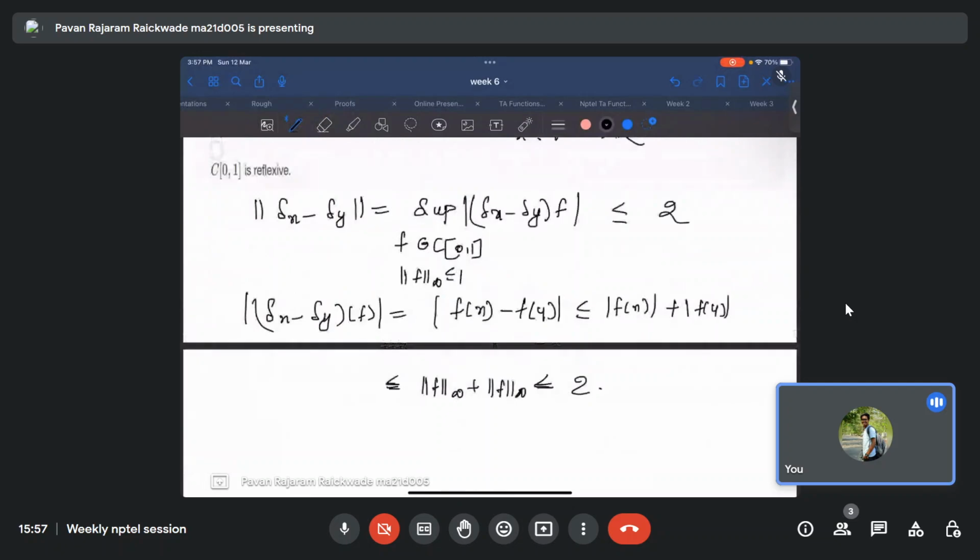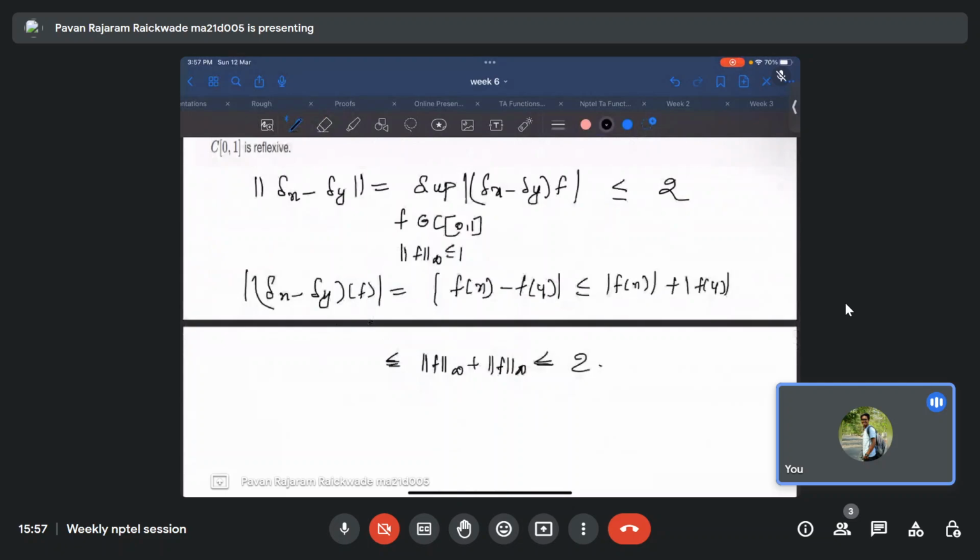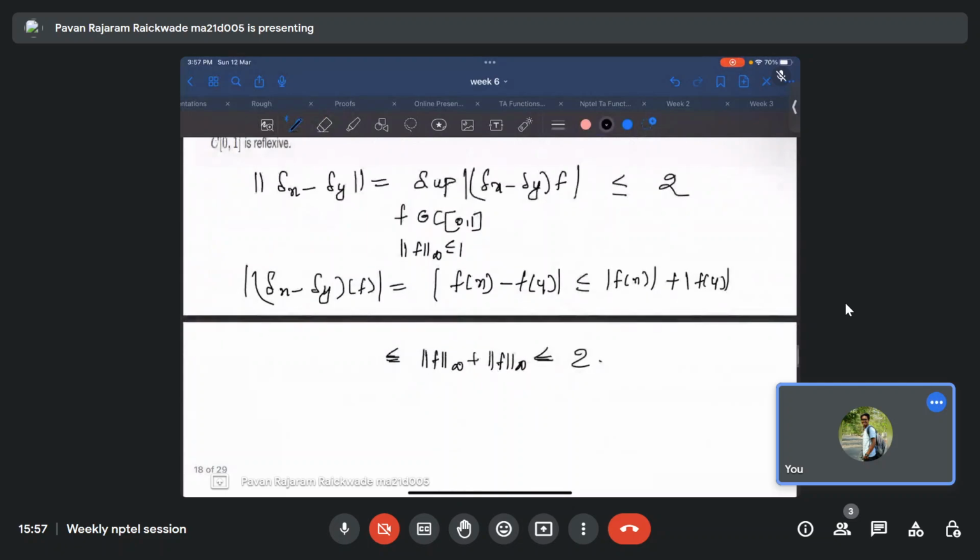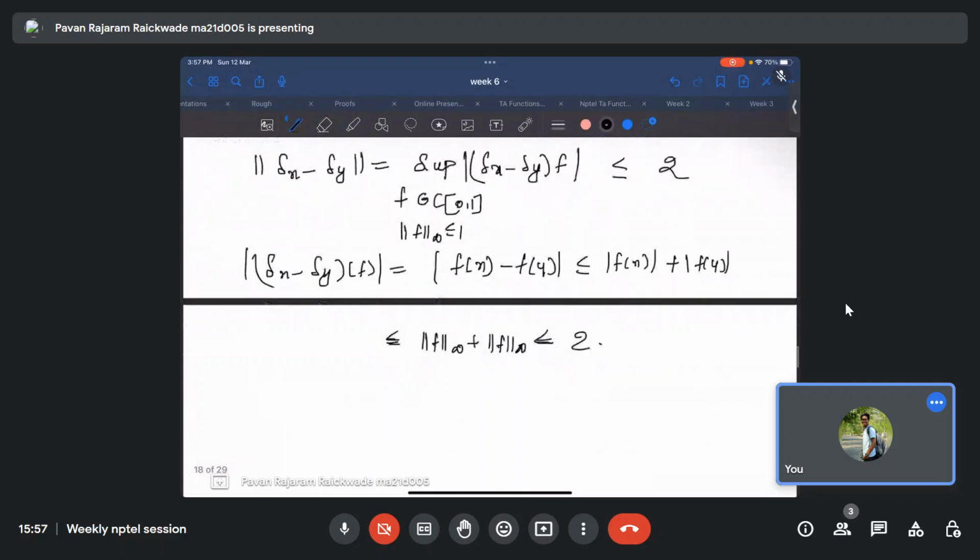So I need a function f. Suppose we find f belonging to C[0,1] such that norm f infinity is 1, f at x is 1 and f at y is minus 1.